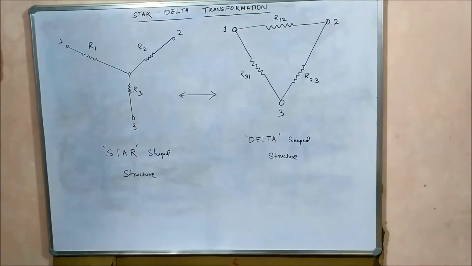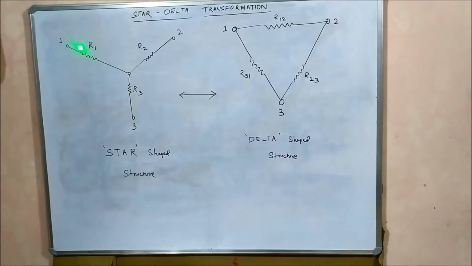Okay, so first let us understand what is a star connection and what is a delta connection. Now you see here there are three resistors R1, R2 and R3 connected in a star shaped structure. This is point 1, this is point 2 and this is point 3.